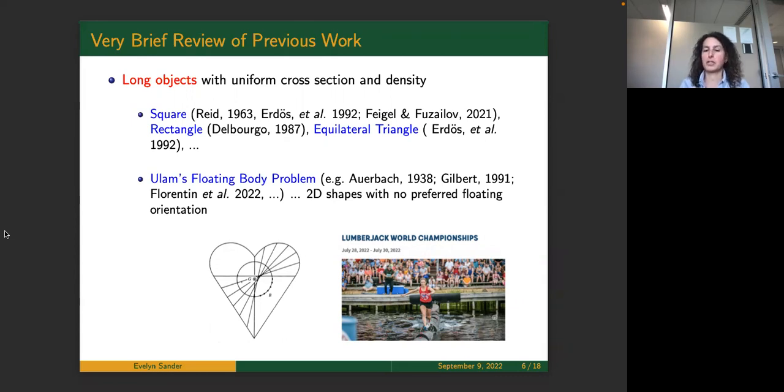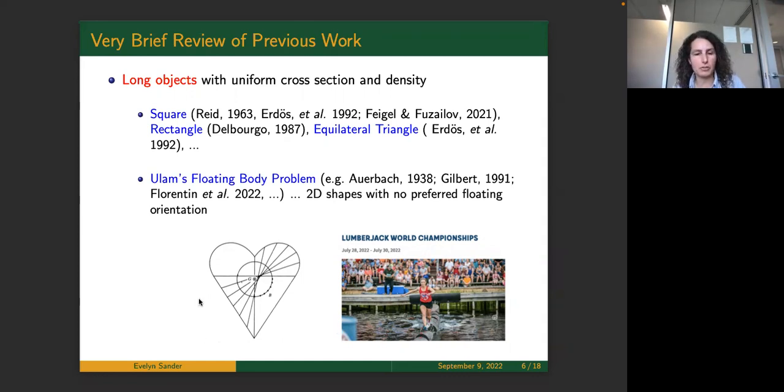And so here you can see the log rolling competition. The circular cross-section is an obvious example of no preferred orientation: as long as you roll it around, you're not going to have any preferred orientation. But in fact, that's not the only case.